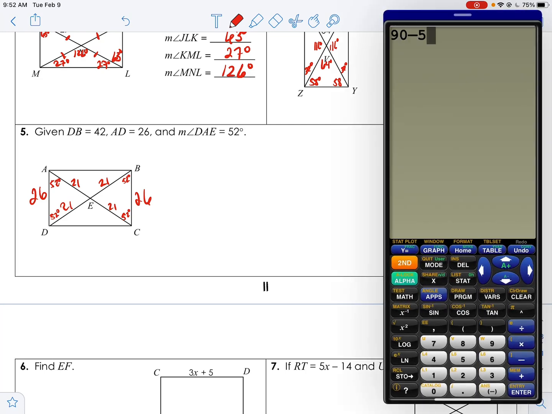And we can figure out the rest of that. See, 90 minus 52 is 38. And so 180 minus 38 minus 38 is 104. And 180 minus 104 is 76.